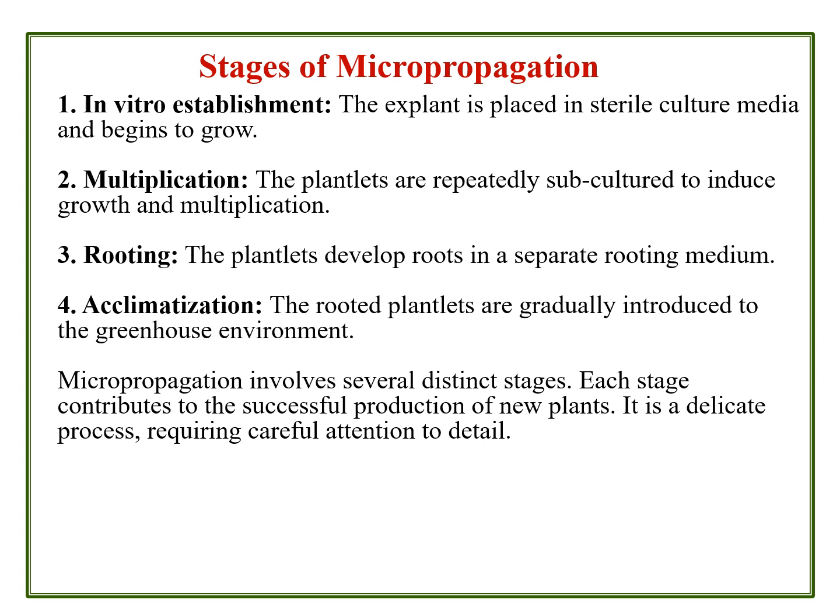The next phase in micropropagation is multiplication, in which the plantlets are repeatedly subcultured to induce growth and multiplication. Here, especially, there is a short span of callusing, because callus may not be subcultured a number of times.